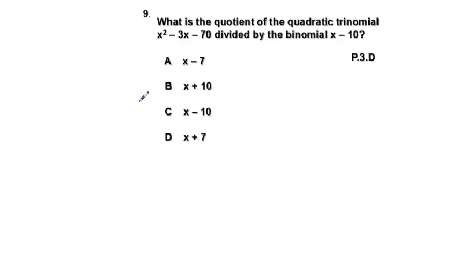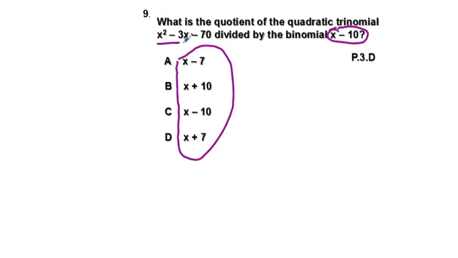Now, 9. What is the quotient of the quadratic trinomial x squared minus 3x minus 70 divided by the binomial x minus 10? That means that one of these four answers here that I'm just circling in, times this divisor, is going to be equal to x squared minus 3x minus 70. So we'll just set that up.